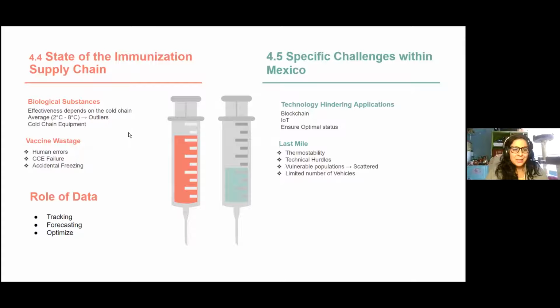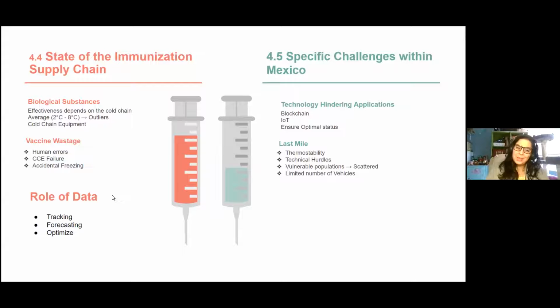And it also relies on the cold chain equipment, which can be from ice trays to super technological and super cold refrigerators. And the main challenges are vaccine wastage, which is what I'm looking to reduce with this methodology. Vaccine wastage can be caused by human errors, by the failure of cold chain equipment, and by accidental freezing. So that renders the vaccine useless, and it's a problem because the government already spent money on that substance. So we're looking at how to reduce waste.